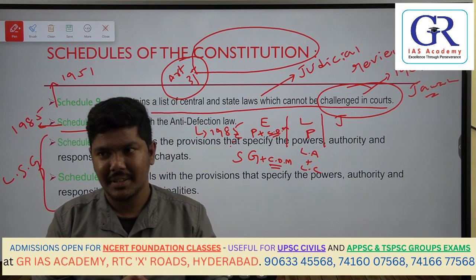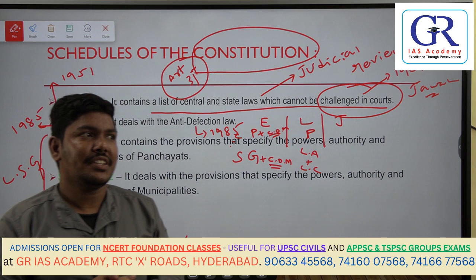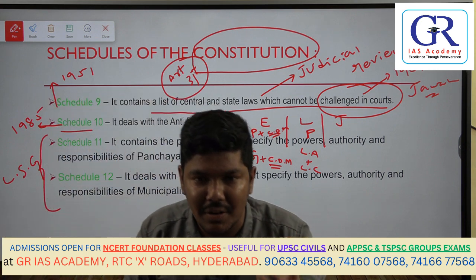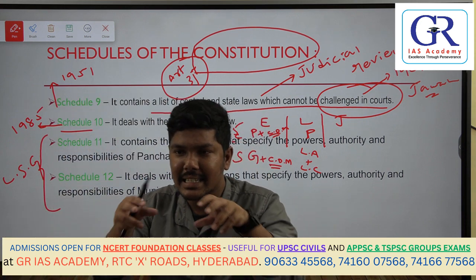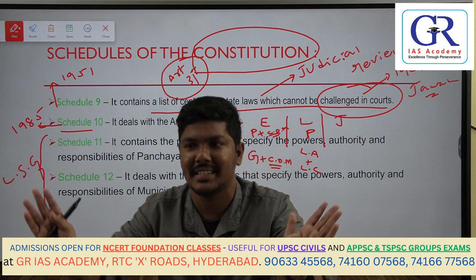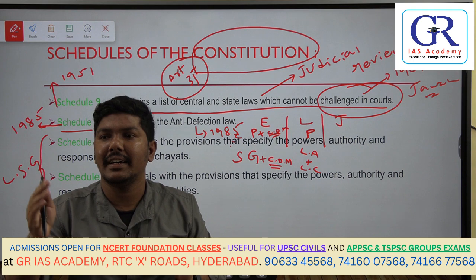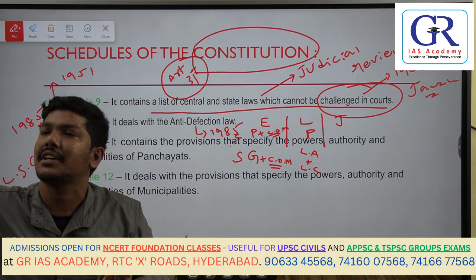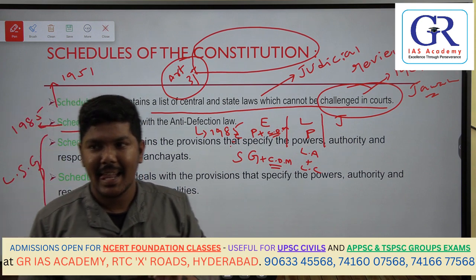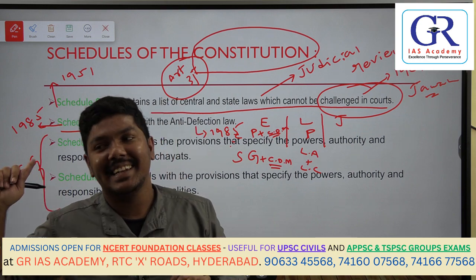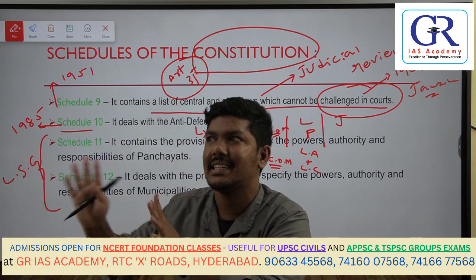Which schedule was it? Schedule number 10, correct. This schedule deals with the allocation of Council of States seats to states as well as UTs. Schedule 4, correct. This schedule deals with the 3 lists called the union list, state list and concurrent list. Which schedule? 7. Schedule number 7, union list, state list and concurrent list.